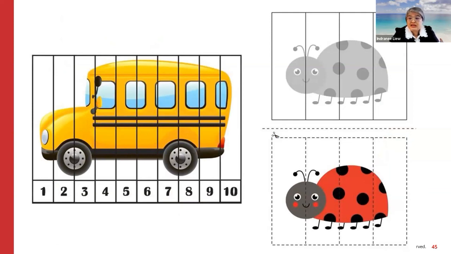The Americans call it ladybug. So you notice that there's no numbers here. What the child has to do is match the gray outline to the actual colored ladybird. This is called self-correcting. That means the child cannot make a mistake, just follow.